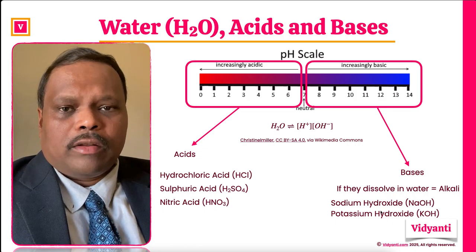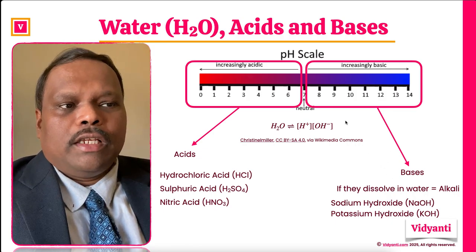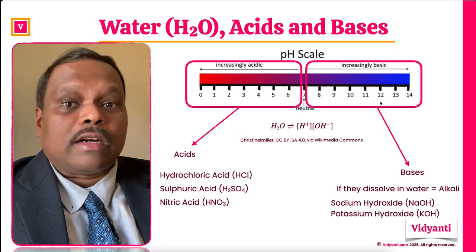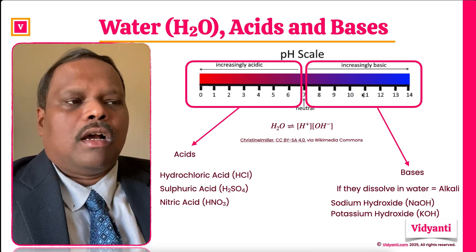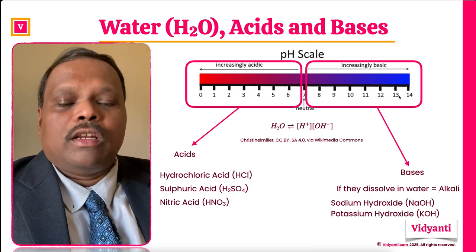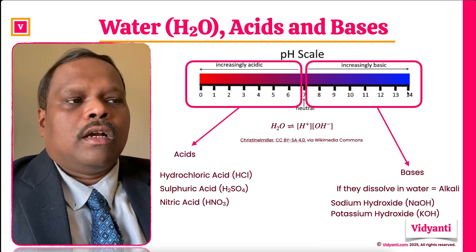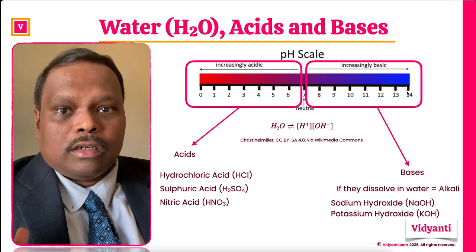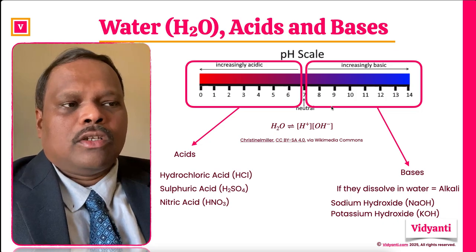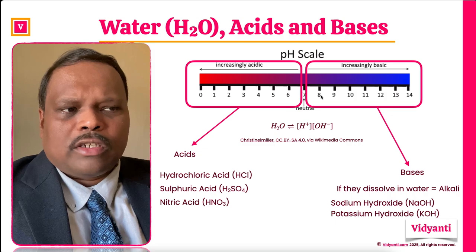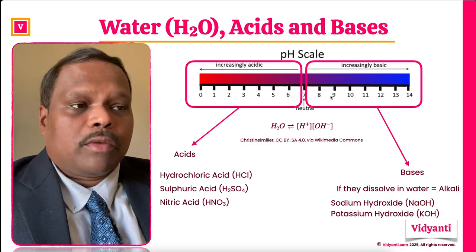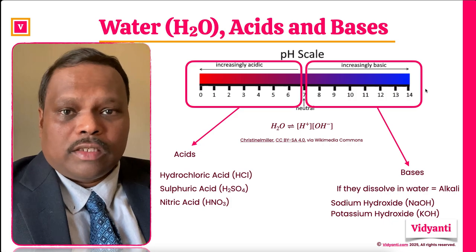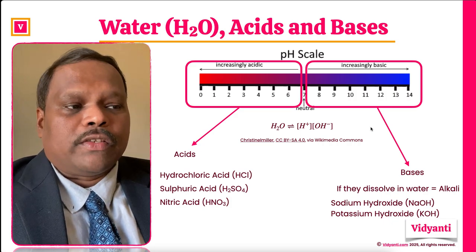They are comparatively weaker bases, but the point is bases will be towards the right side of the pH scale, higher than 7, somewhere between 7 and 14, and the farther you are from 7, the stronger the base. If you are at 7.5 or 8 or 8.5, that's not really strong. But if you go towards 12, 13, 14, these are the really strong bases.